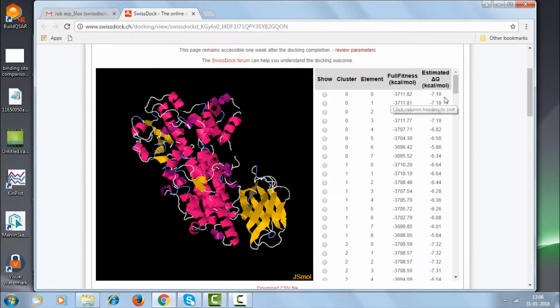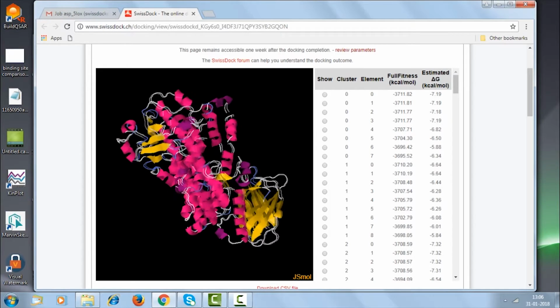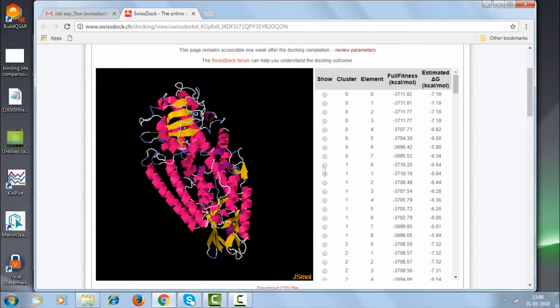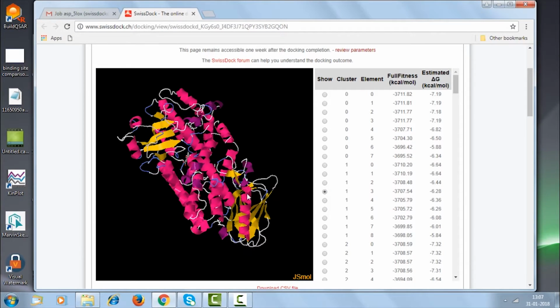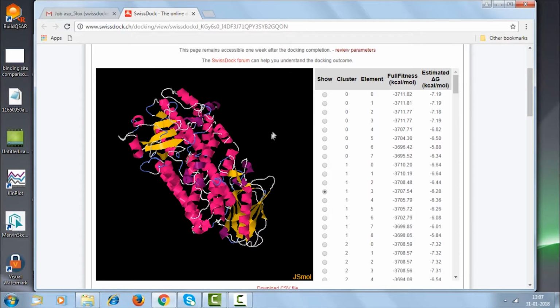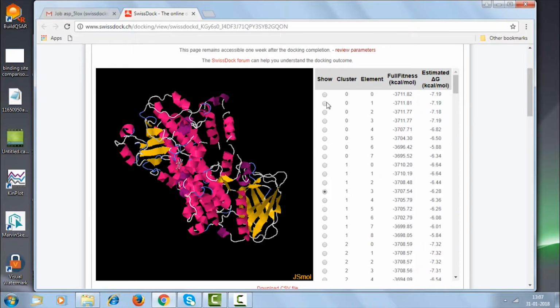So we can see this, and here you can see that the estimated delta G, this gives the highest negative binding energy. This is all the cluster 0, okay, and then cluster 1, cluster 2, and so on actually. So you can see here, we can click on different clusters. Okay, so we can see the aspirin here, as you can see the aspirin here? Aspirin is seen here.